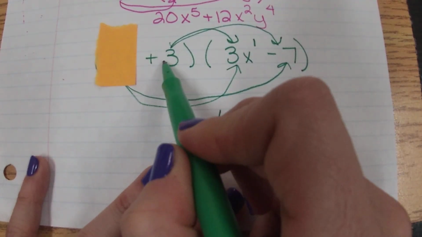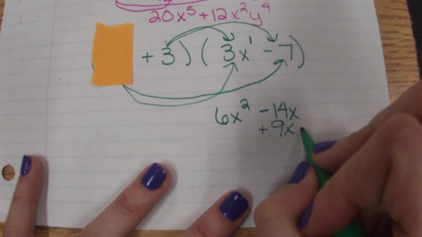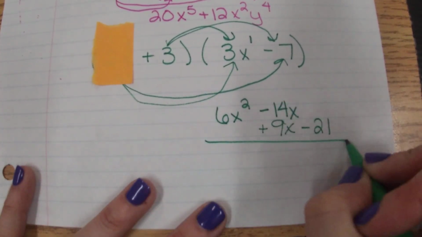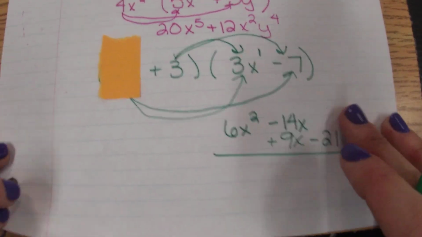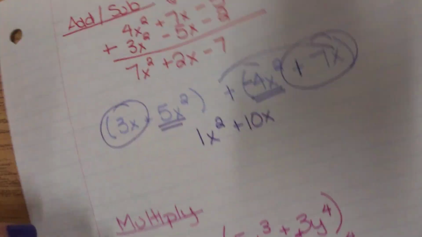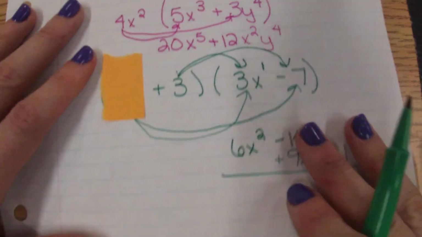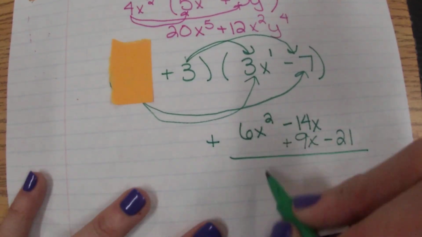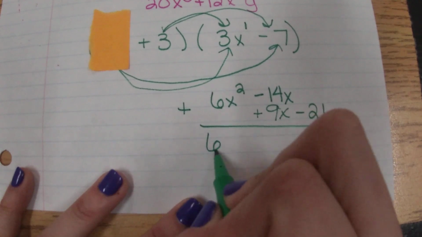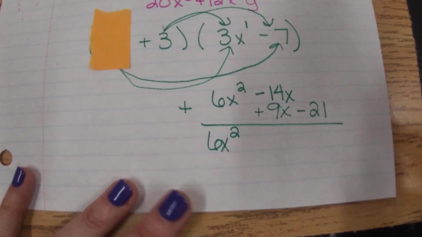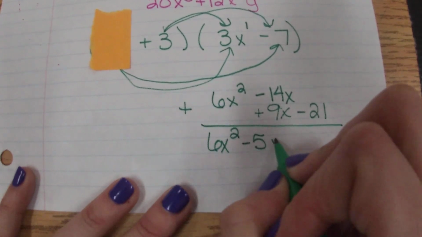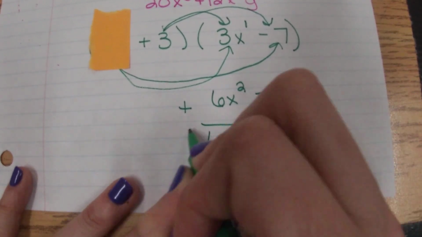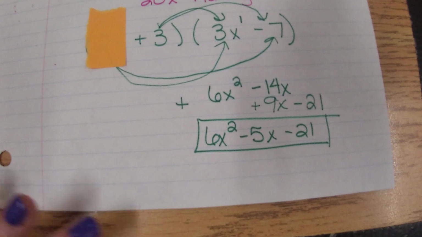And then 3 times negative 7 is a negative 21. Okay, the reason why I wrote these stacked is because now it's going to look like our addition and subtraction up here when we were adding and subtracting and stacked. And so now we can add to combine our like terms. So we'll have a 6x squared, a negative 14 plus 9, which will give us a negative 5x, and a negative 21. And that will be our final answer.